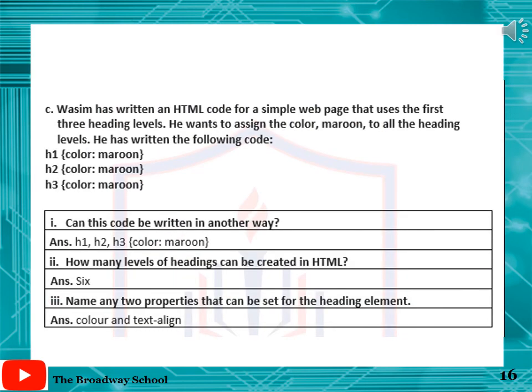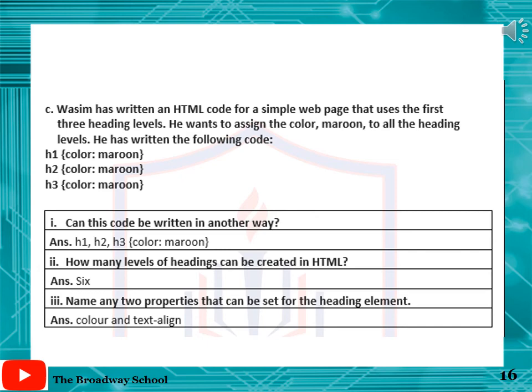Third part. Wasim has written an HTML code for a simple web page that uses the first 3 heading levels. He wants to assign the color maroon to all the heading levels. He has written the following code: H1 color maroon, H2 color maroon, H3 color maroon.